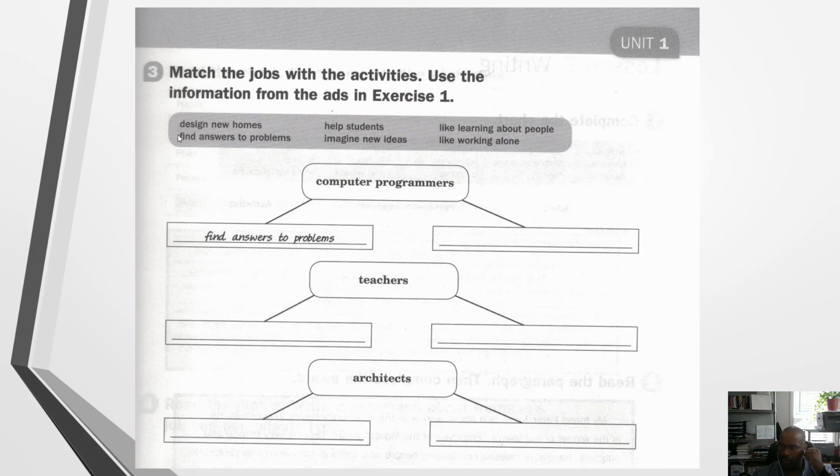So the first one is design new homes. Find answers to problems. Help students.